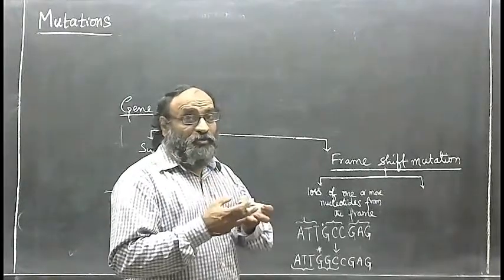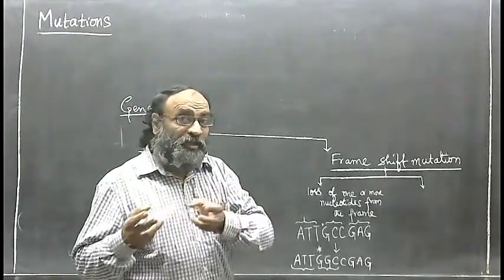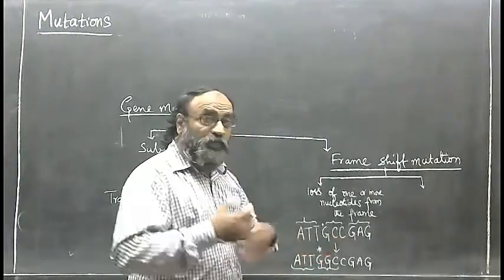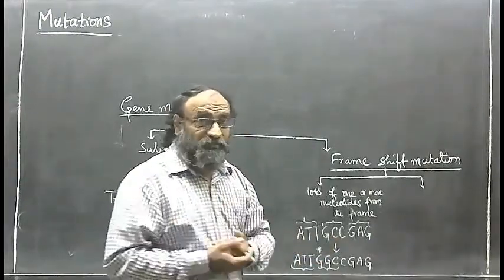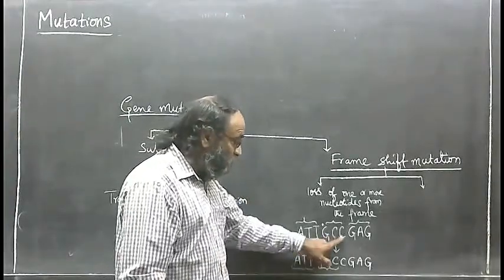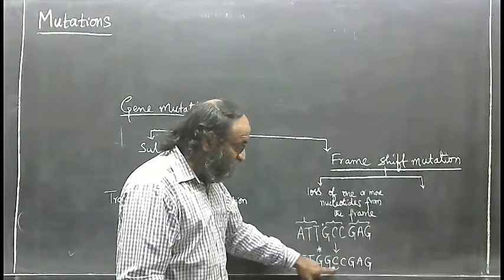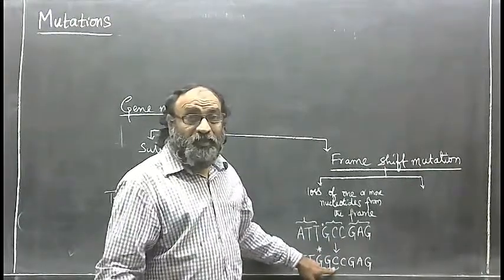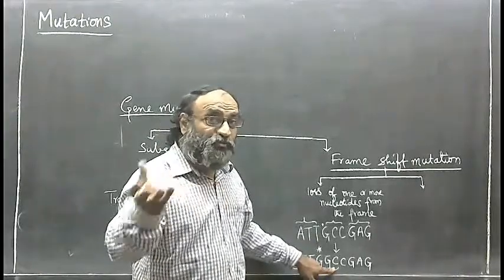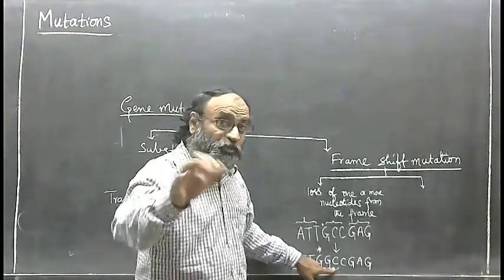Each codon represents an amino acid. Earlier it is GCC, it may represent one amino acid. After mutation, it is no more GCC, it is GGC. It may alter the amino acid that it is going to decode.